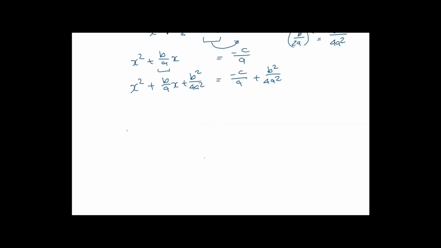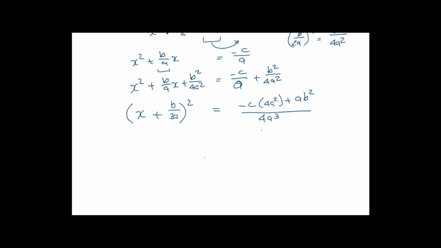All right. Now that that's done, we can make our perfect square. So this is going to be x plus b over 2a squared equals, and now the right hand side we're going to multiply out. So it's going to be minus c times 4a squared plus a b squared all over 4a cubed.